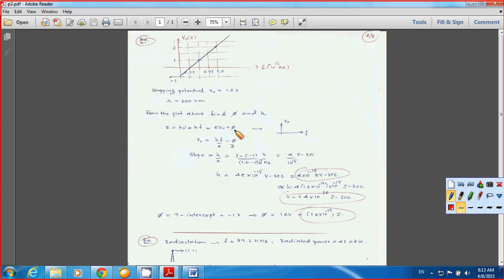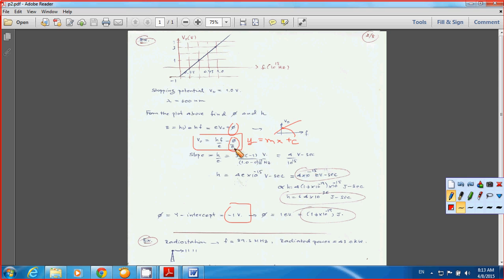Next, what about phi? This is the equation here, the same thing as y equals mx plus c, right? So what is your c? If you have the plot, c is the intercept on the y-axis. Looking at this one, it intercepts the y-axis at negative 1. So c equals the y-intercept, which is negative 1 volt.